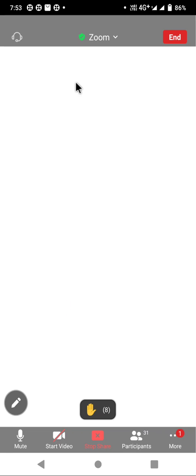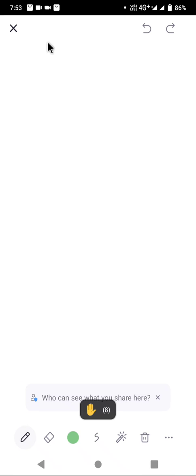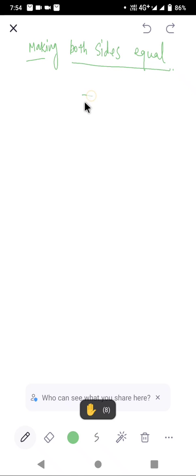So making both sides equal. New topic is making both sides equal. So students, can you tell me which sign it is?